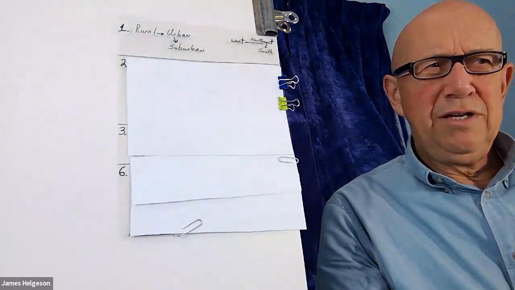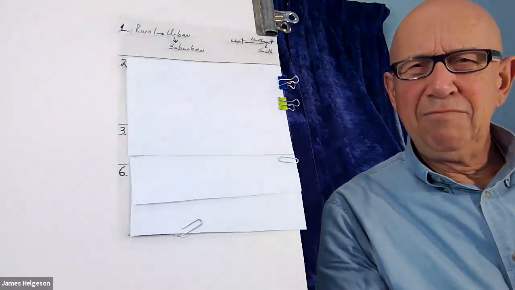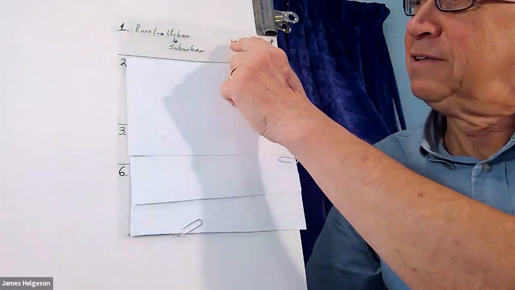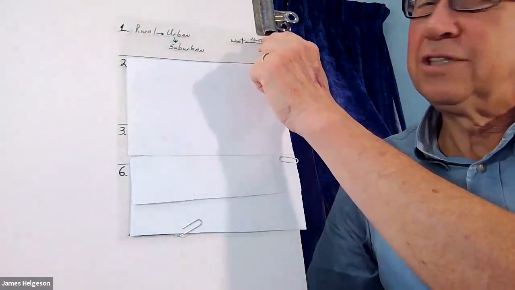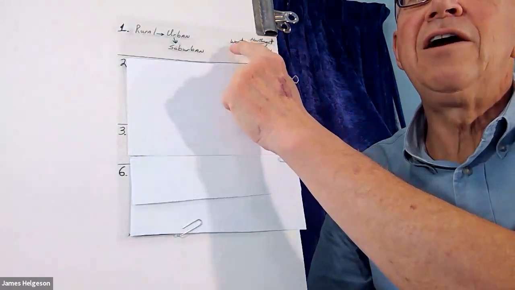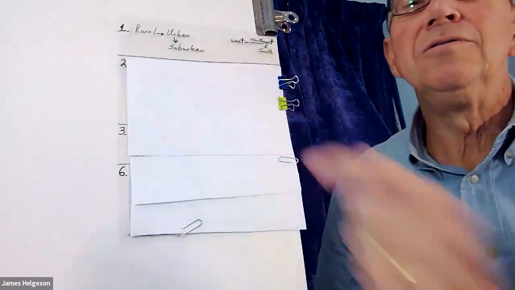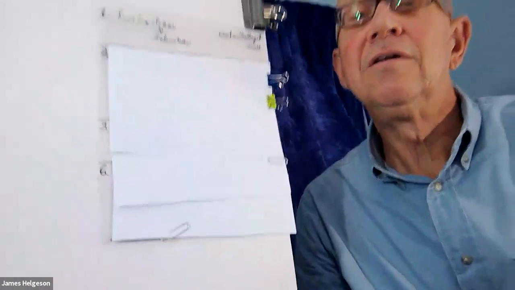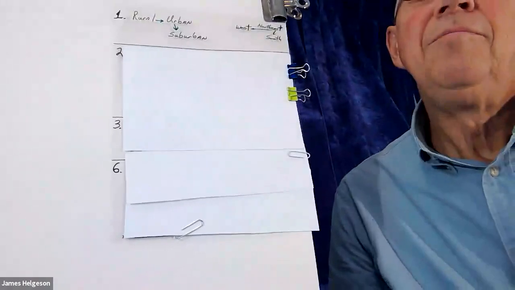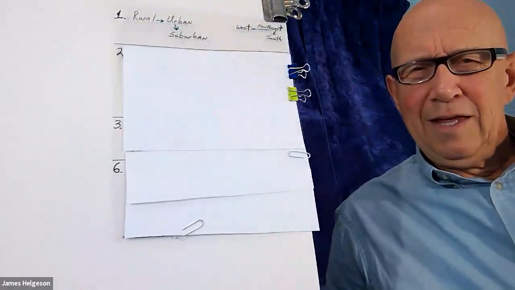Rural, and then urban. And then it says northeast, that's an arrow going west and an arrow going south. I don't know if you can see those are arrows. Can you tell those are arrows? Maybe not.